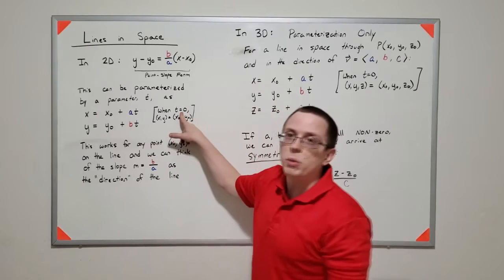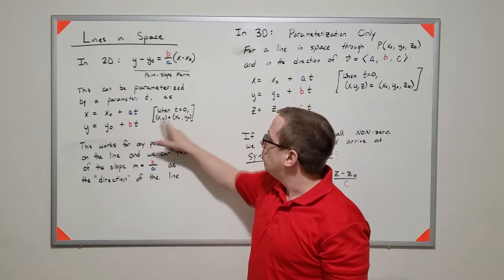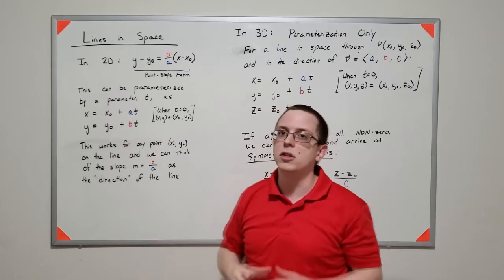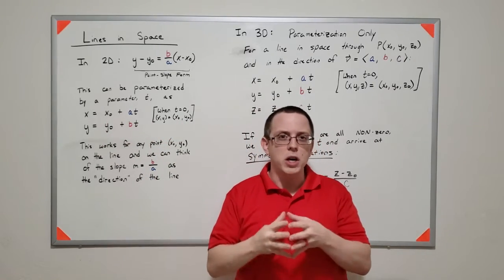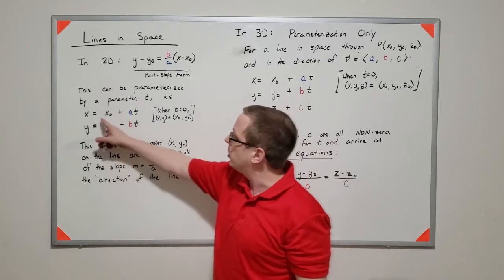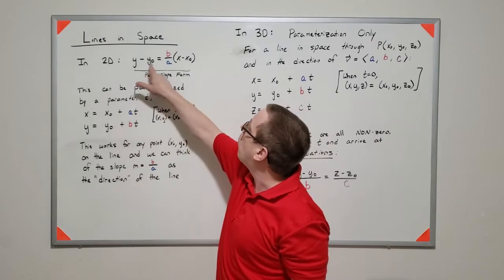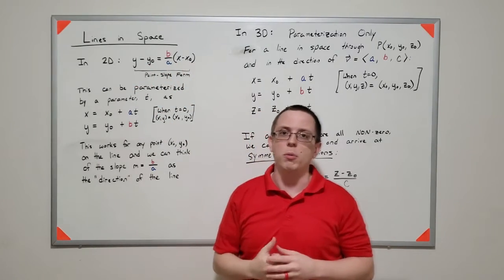So notice that when we plug in 0 for t, these vanish and we get that x equals that point on the line. So we can be reasonably confident that we've constructed it correctly because we can always get just that x0, y0 point from the point slope form.